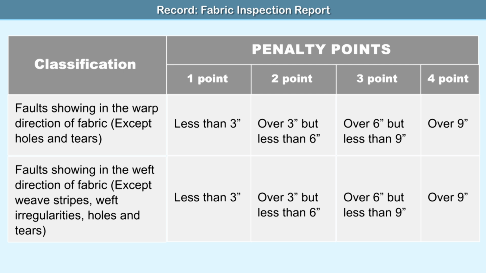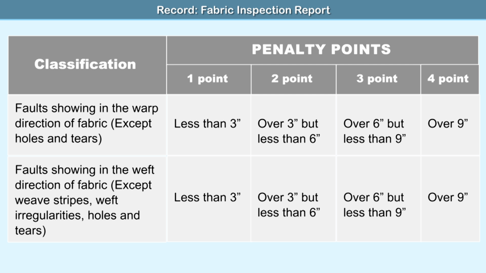Considering similar length of warp and weft, the heaviest penalty fault will determine the direction of the fault.